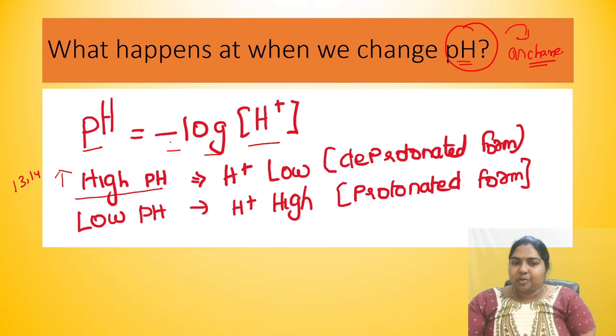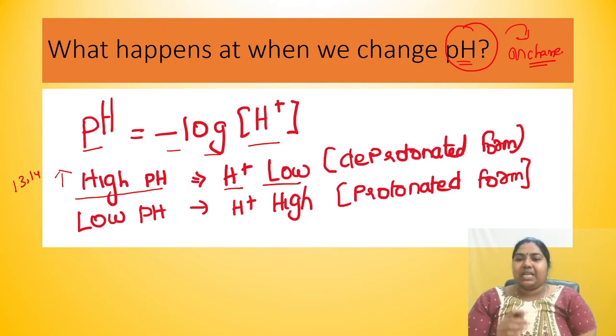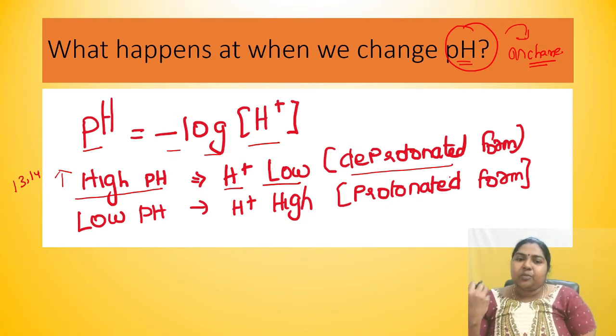It is inversely proportional, so this H plus becomes low. Whenever the H plus is becoming low, what will happen to my amino acid? It will become deprotonated. Deprotonated means all my H plus ions will be removed.